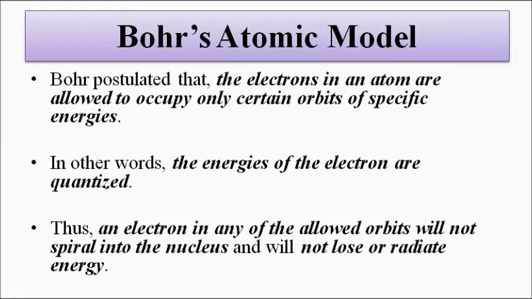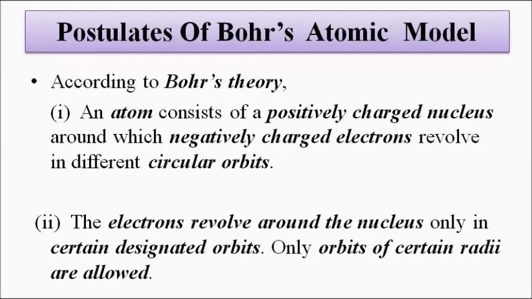He considered everything about Rutherford's and Chadwick's model, but related to the movement of electrons around the nucleus, he gave some postulates, and as a result, the stability of the atom could be explained. There were some rules related to that.